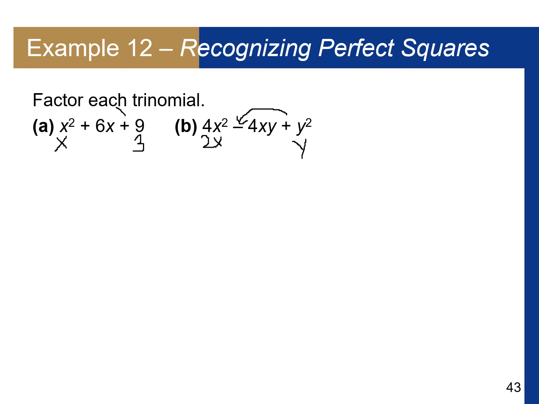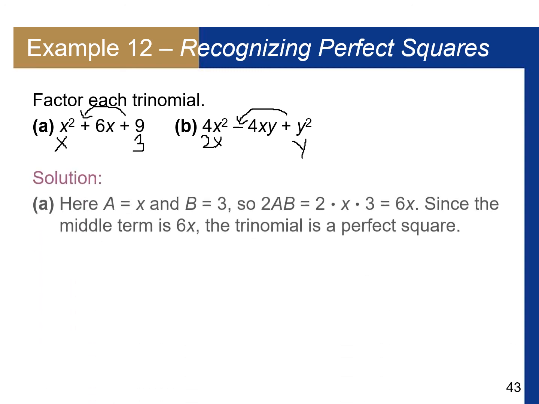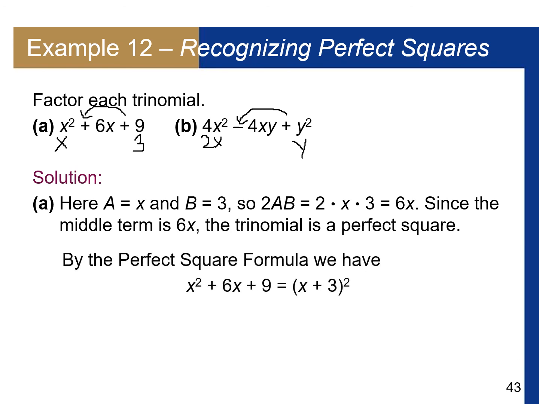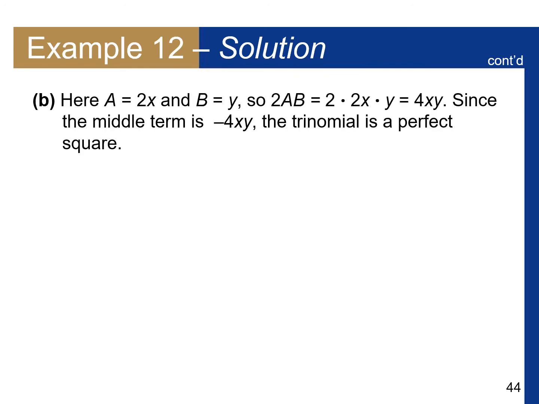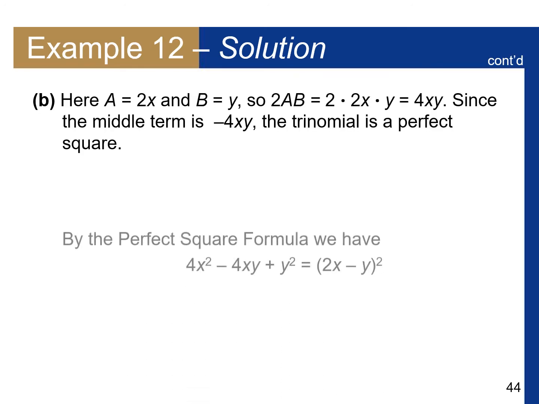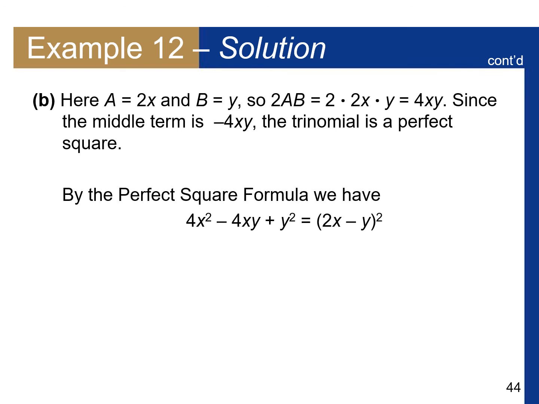Here my signs are the same and they're both going to be positive because this is positive. So there we have the first one, x plus 3 quantity squared. And then the second one, 4x squared minus 4x plus y squared is 2x minus y squared.